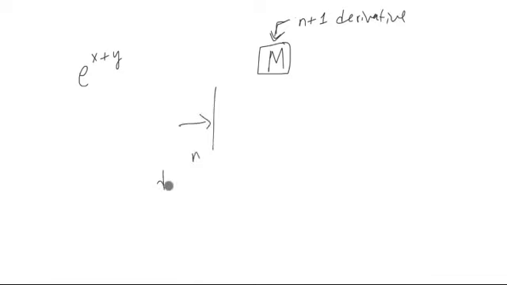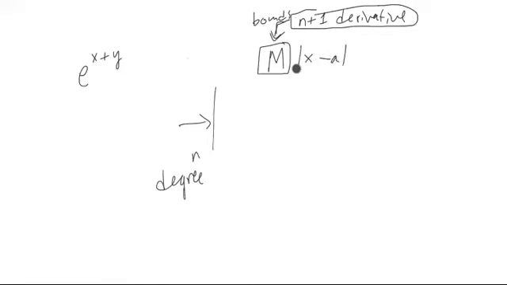So through degree n, you bound the n plus first derivative with a number that's bigger than it. And then you take your distance away from your center and raise it to the n plus first power, and divide by n plus 1 factorial. So everything is at least 1 degree more than where you ended here, and this actually bounds the rest of this.